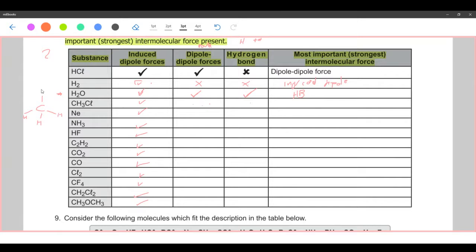Okay, but even without the calculations, if we just look at the shape of CH3Cl, it's tetrahedral, but we know that chlorine has a bigger electronegativity than carbon. So just by looking at it, we can see that the electron pull is not going to be equal everywhere.